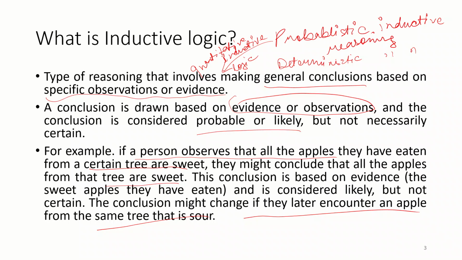Sometimes we can just say that all apples are sweet and go on with our business, or we can be more refined and say that 95% of the apples you will eat from this tree will be sweet. That's a way of presenting our data, or to be logically correct. You can any day say that all the apples are sweet and go and buy them.